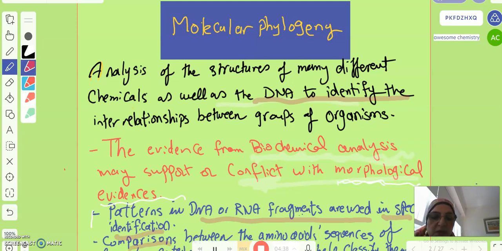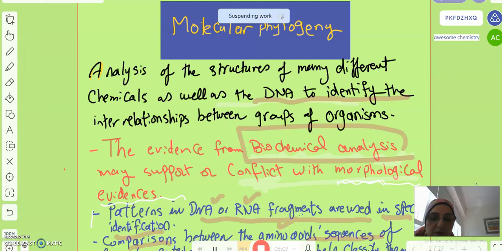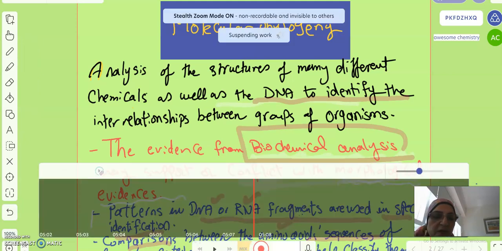Comparison between amino acid sequences of similar proteins also helps to classify the living organisms. So the biochemical analysis was based on analysis of the DNA, RNA fragments, or amino acid sequences. And depending on the similarities in these sequences or fragments, they put the living organisms in new taxonomic groups.